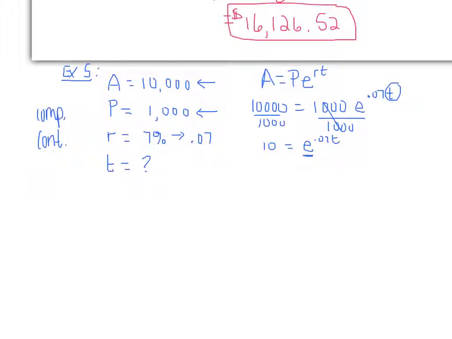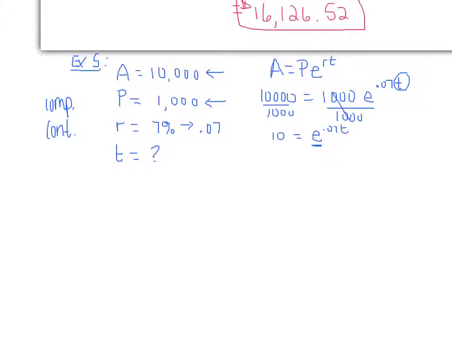So when you have a log that has base e, that is called a natural log. The abbreviation for that is ln. So you see a button on your calculator, it says ln. That is when you're using the natural log.